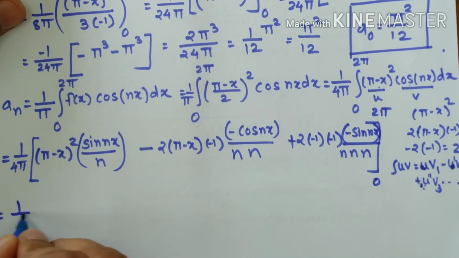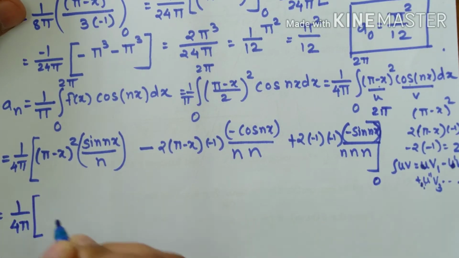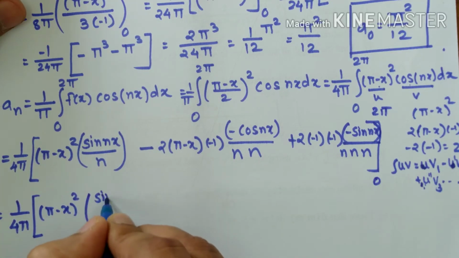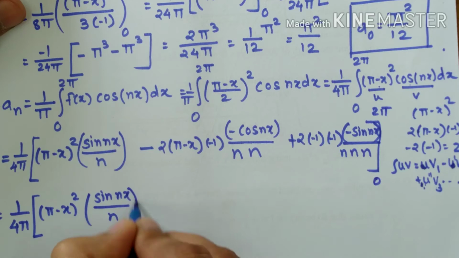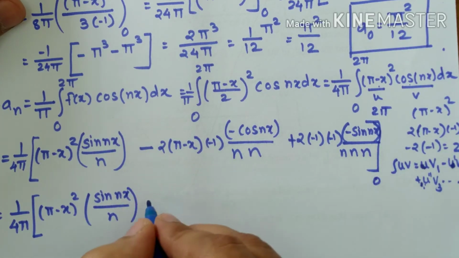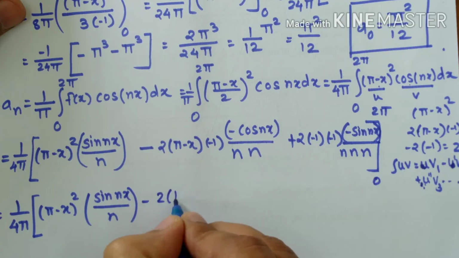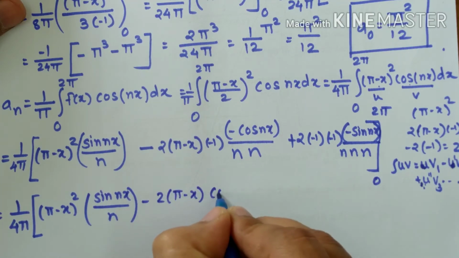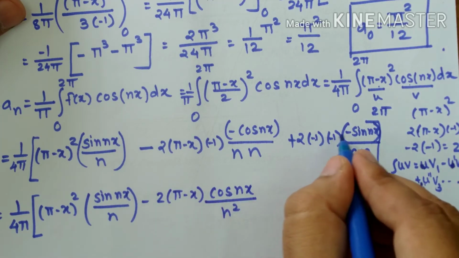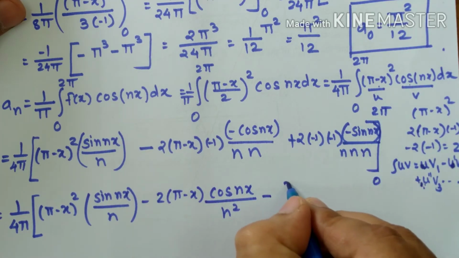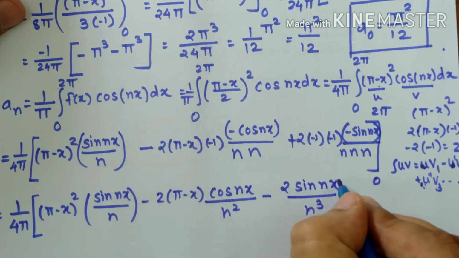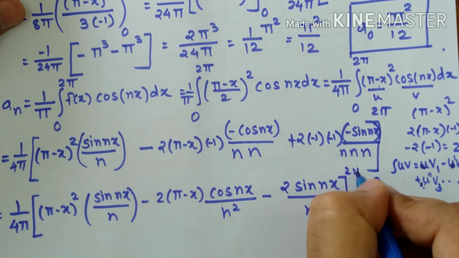So this is 1 upon 4 pi into (pi minus x) whole square into sin nx divided by n. This n into n square, minus minus becomes minus 2 times (pi minus x) into cos nx divided by n square, minus minus minus becomes minus 2 times sin nx divided by n cube, limit from 0 to 2 pi.